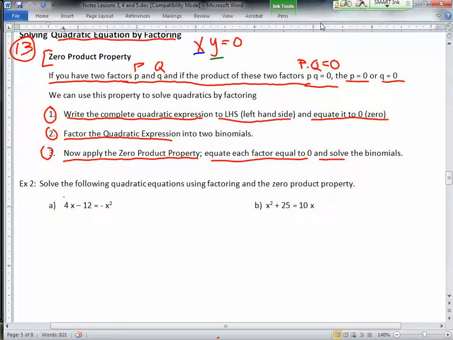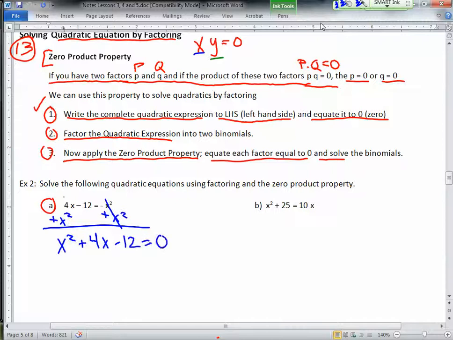Just looking at letter A down here. Step number 1, I need to get the whole expression on the left side. To do that, I am going to add x squared to both sides to cancel out that negative x squared. This cancels out to 0, which is what I want, and I end up with x squared plus 4x minus 12 equals 0.